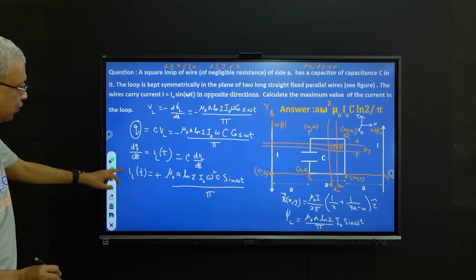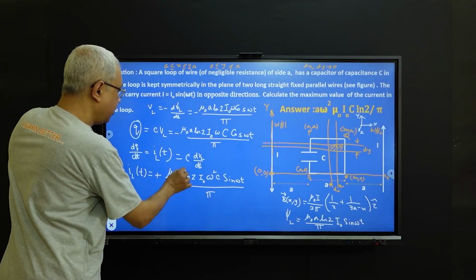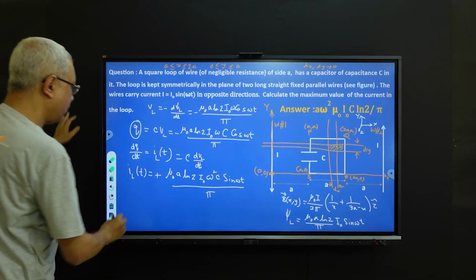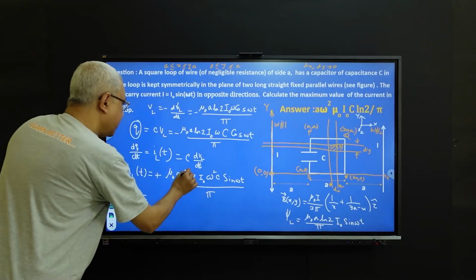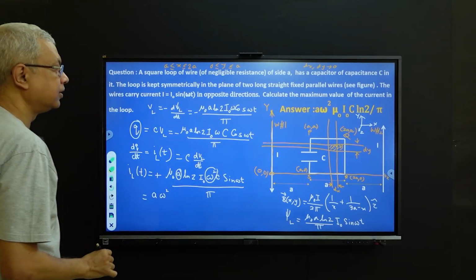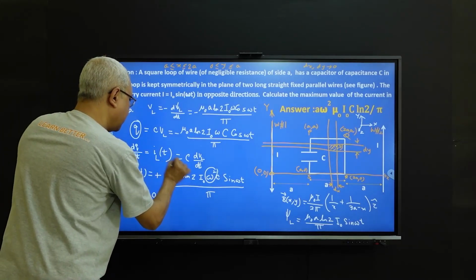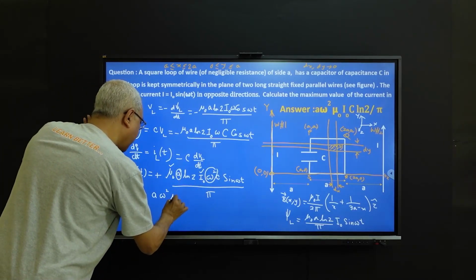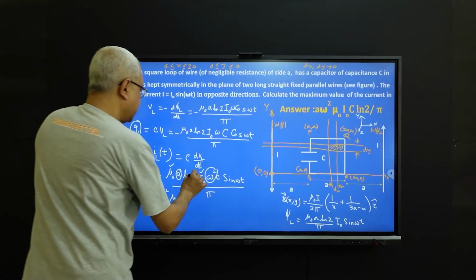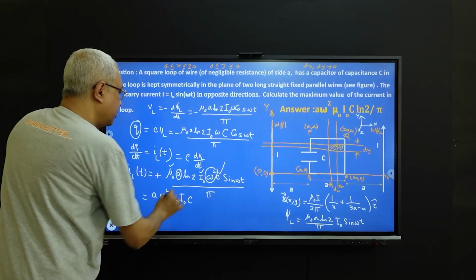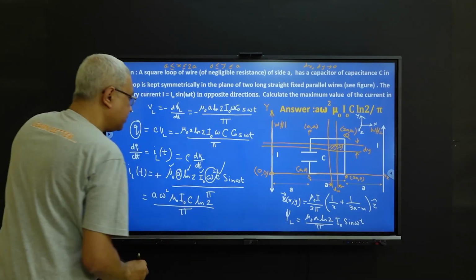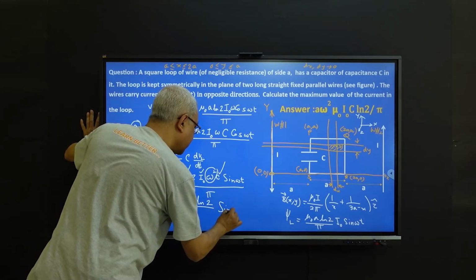So this is the expression for loop current, mu naught A omega square I naught C ln 2 sin omega t by pi, or I can write it as A omega square mu naught I naught C ln 2 by pi multiplied by sin omega t.